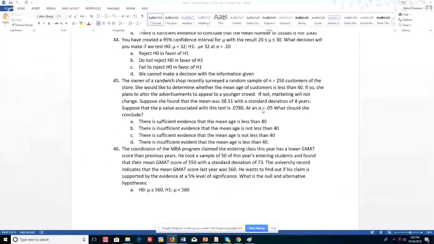So in this case, our p-value is greater than our alpha. So therefore, we are not going to reject the null. And when we do not reject the null, we have insufficient evidence that the null is not true. So process of elimination here, we have insufficient evidence.